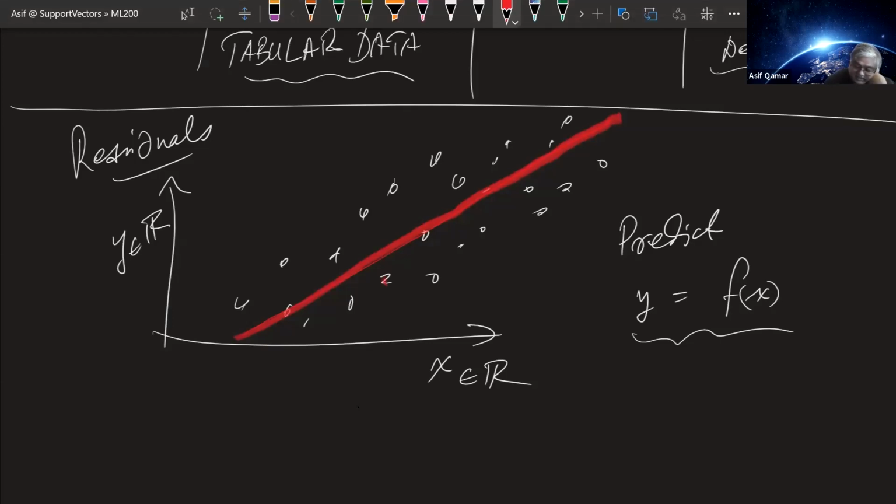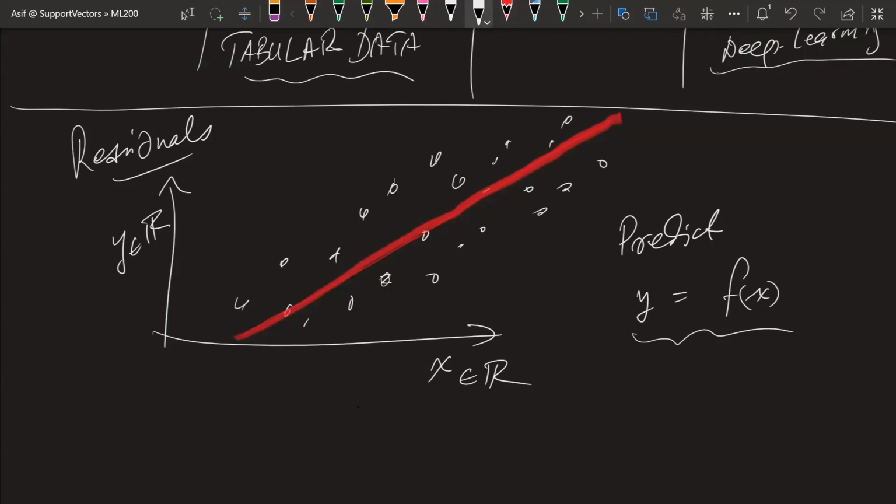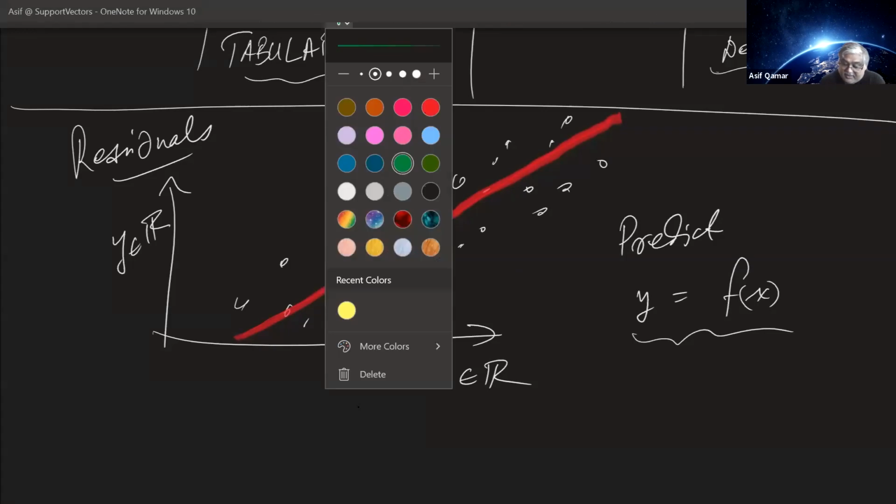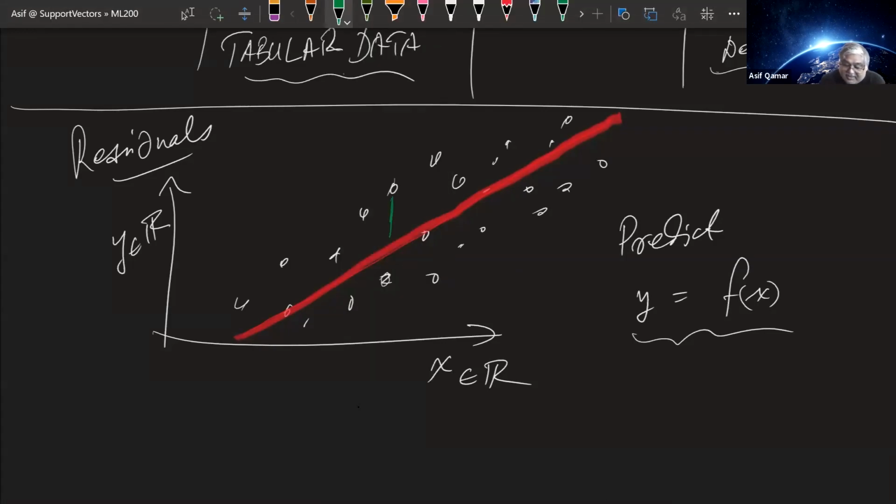In this story, what is a residual? The residual is the difference between the actual data point and the regression line, the predicted Y. That's right. So this gap: for a given X, let me call it Xi, this is Yi. This is Yi hat, the prediction.